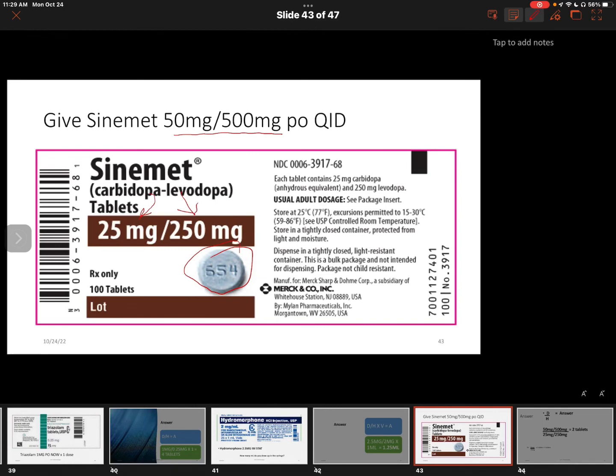So if you need to give 50 milligrams, and we're just going to kind of ignore that right now, and then you're going to ignore this 250 right now, and we're just going to use this. Set your problem up, D over H, to come up with your answer.